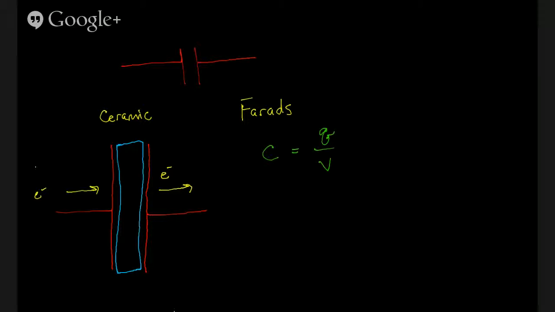Most higher value capacitors, instead of using a ceramic insulator, they use an electrolyte. Excuse me, an electrolyte is the correct term. They generally look like little cans, like that, and they'll have leads at the bottom.